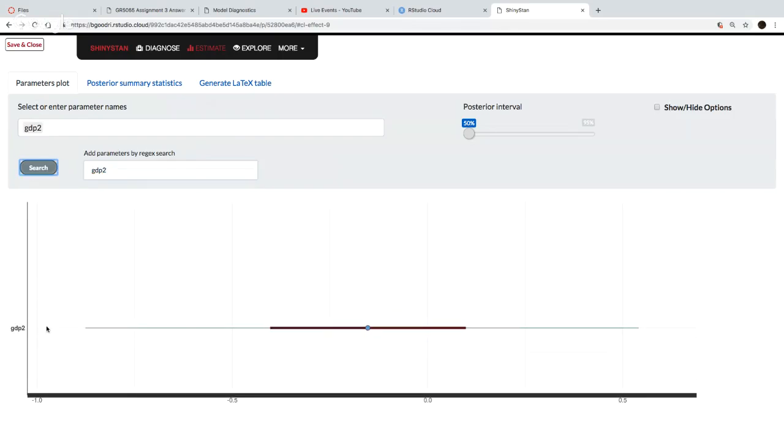If it didn't show the ones that you wanted, you can type those in. And so this is the coefficient on per capita GDP. It has a 90% interval that overlaps with 0, but there's some tendency for countries with higher levels of per capita income to have less black market premium.